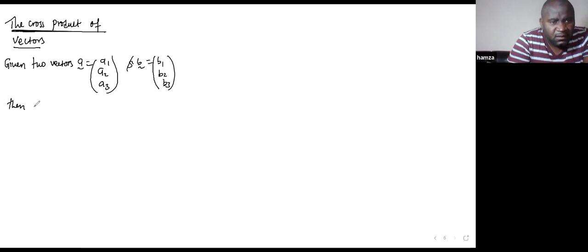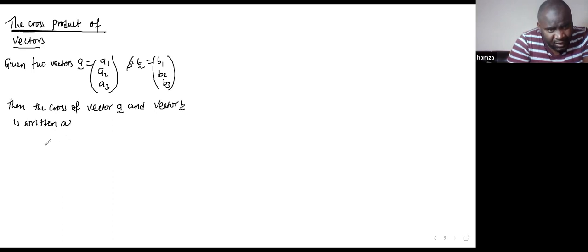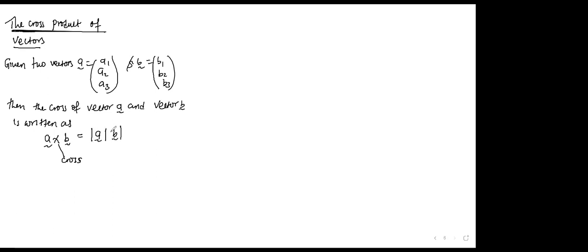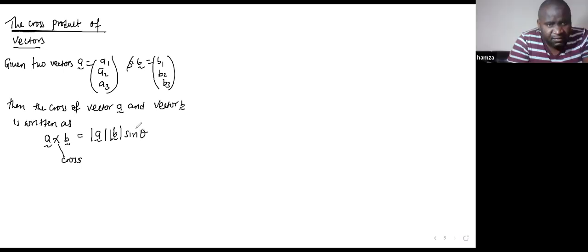then the cross of vector A and vector B is written as A cross B. This reads cross, it doesn't mean multiplication, and it is given by the magnitude of A times the magnitude of B, sine of the angle between them.